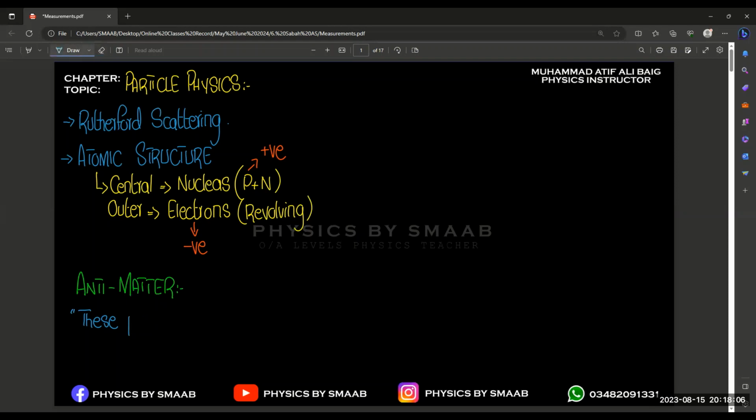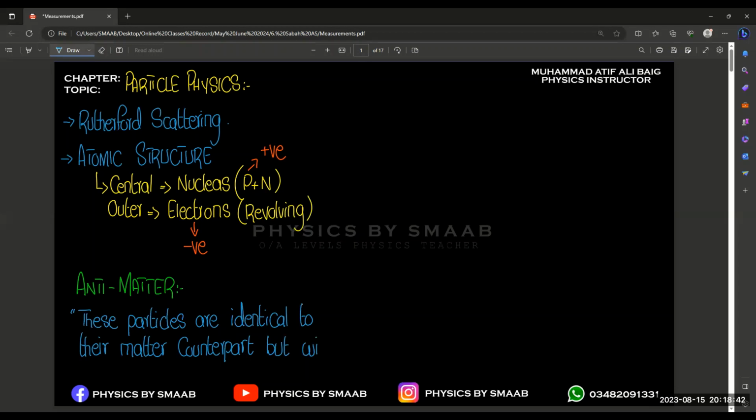These particles are identical to their matter counterpart, but the only change is of the charge, right?